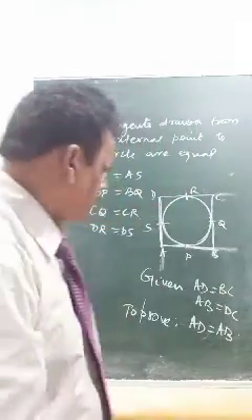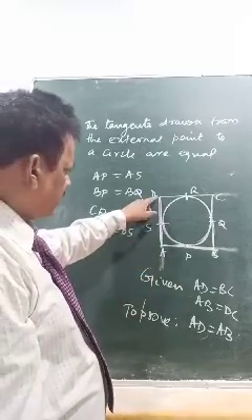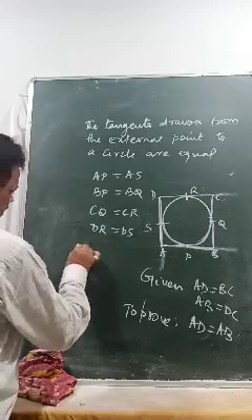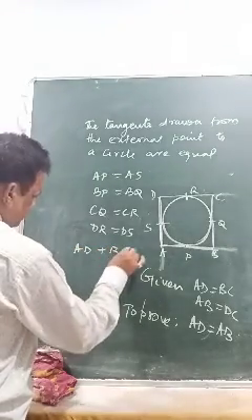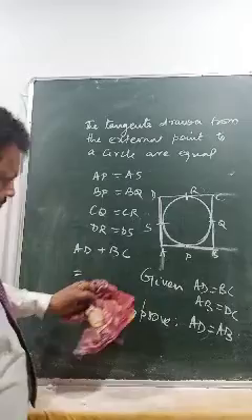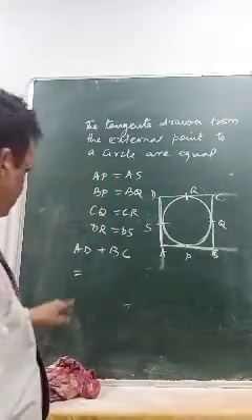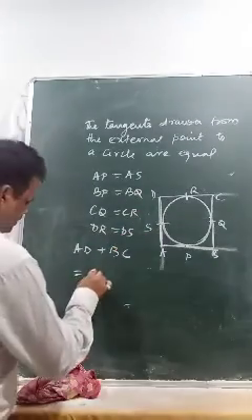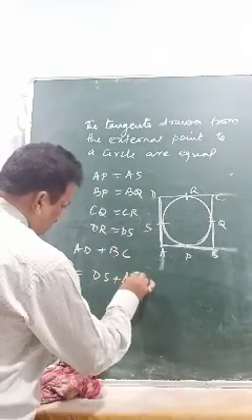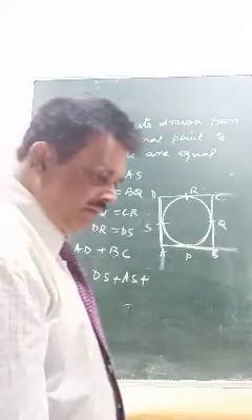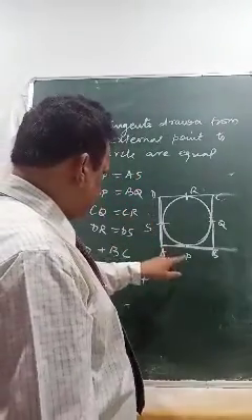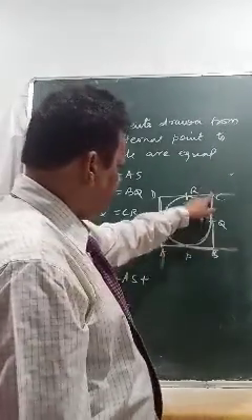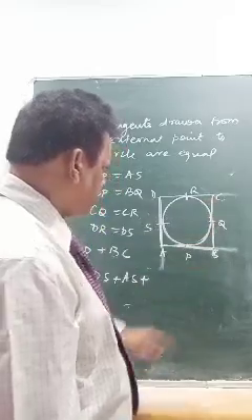Okay. Now start. How to start? Start with AD plus BC equals what? AD two parts, DS plus AS. Then BC is BQ plus CQ.